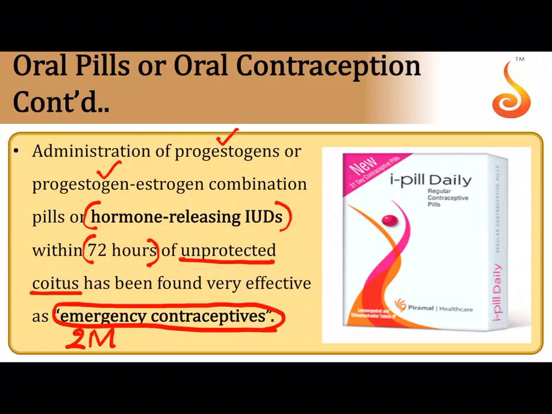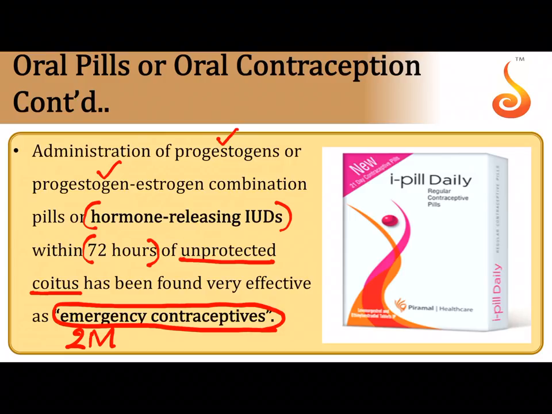If she feels that she may conceive because of unprotected coitus, within 72 hours she has to consume the pill, either the mini pill or the combined pill, or she has to get a hormone releasing IUD inserted into her uterus. What does all this do? We know how it works.